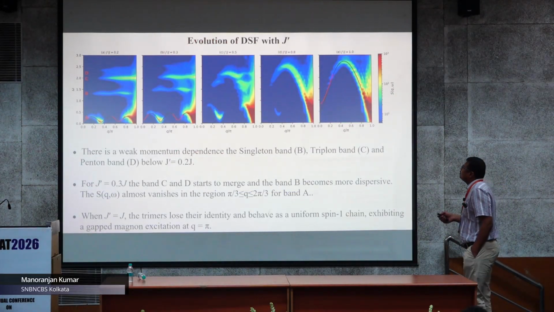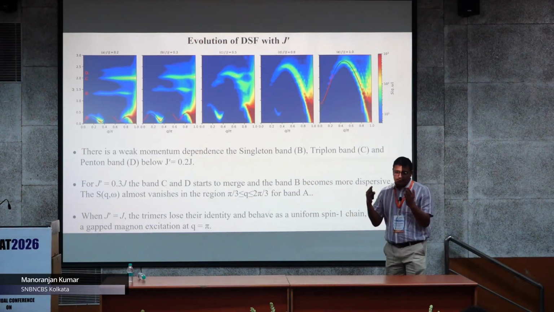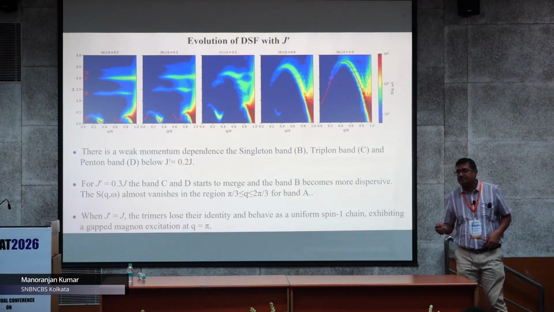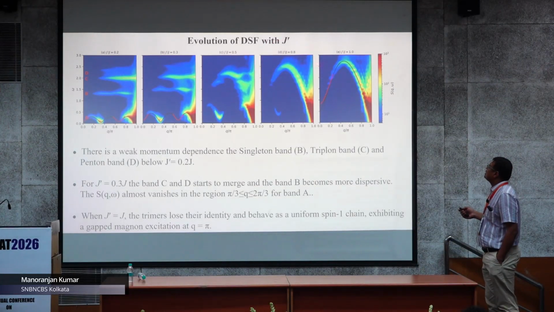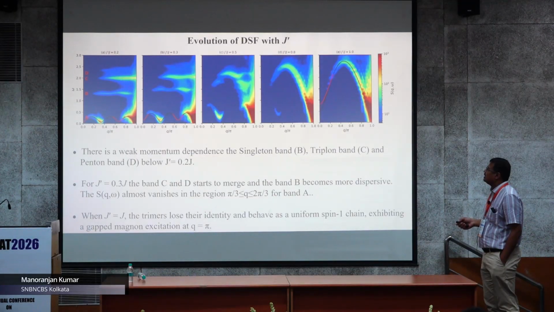Okay. So what happens when you are trying to increase the J prime, the intertrimer exchange? You find that if this ratio is 0.2, you are in the weak coupling limit and these bands are well separated. As you keep increasing, you see that slightly this dispersion is increasing in these states.